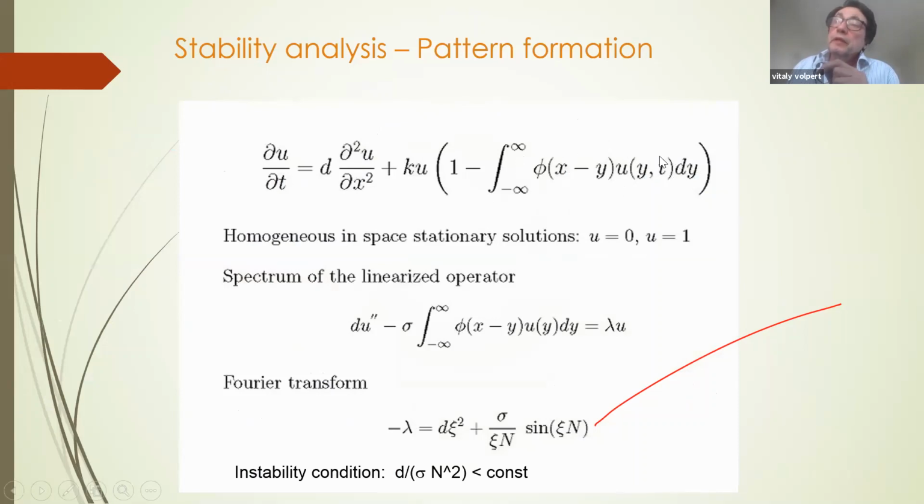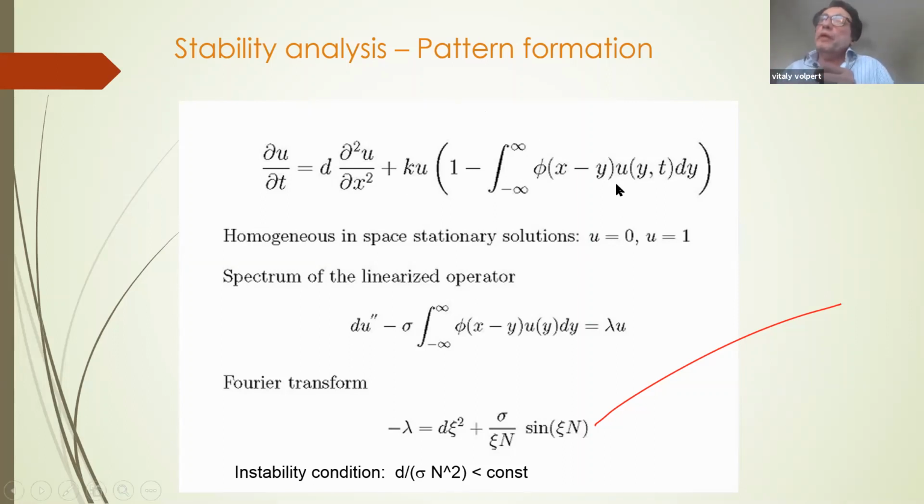This is related to stability of solutions, not stability of waves or pulses, as we discussed before, but to stability of homogeneous in space stationary solutions. And this is a quite simple mathematical method.